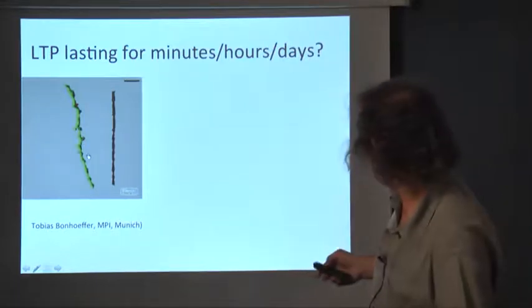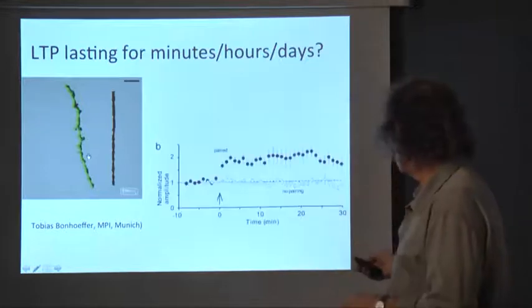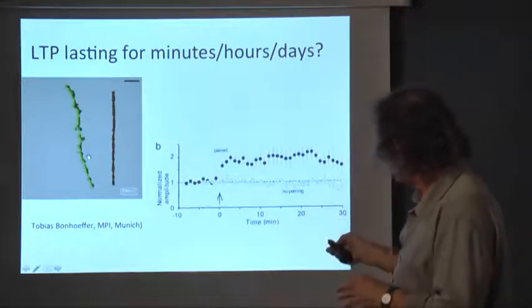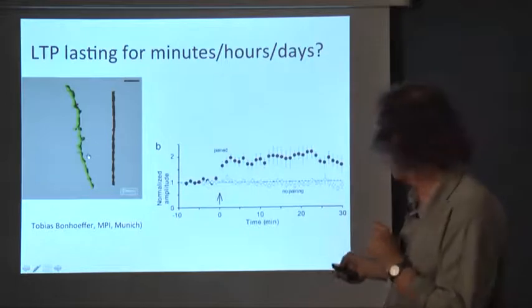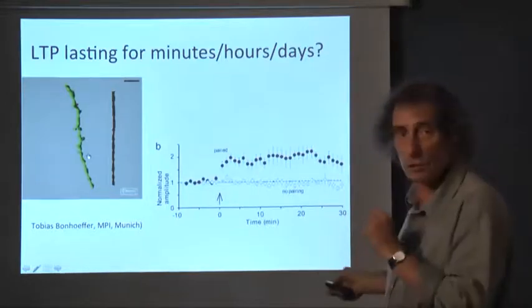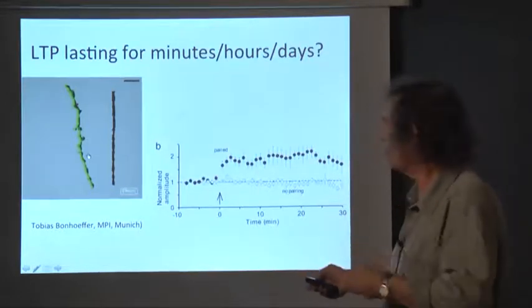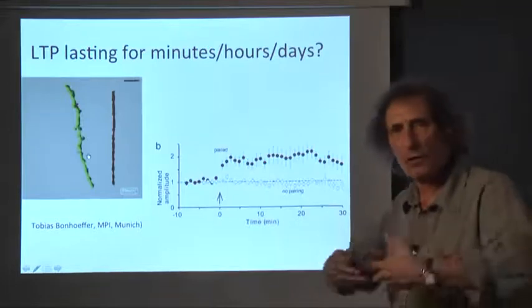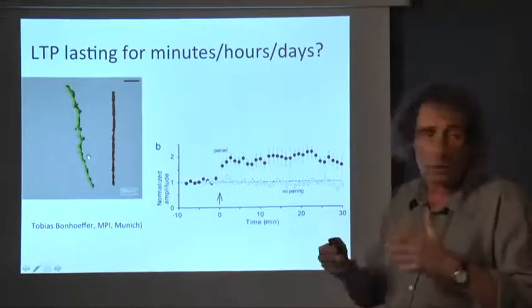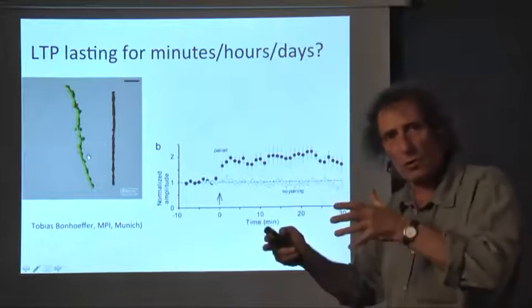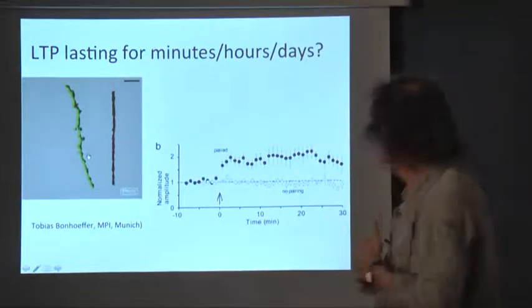And the outcome of this is that the strength of the synapse is becoming stronger when you have new spines because there are new synapses, or because existing synapses become stronger due to STDP.